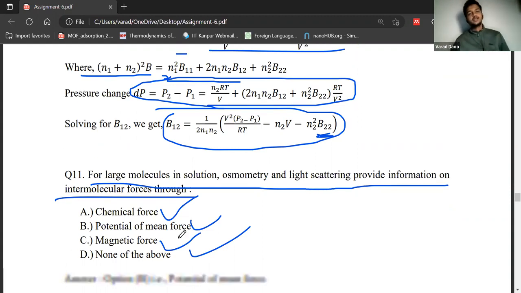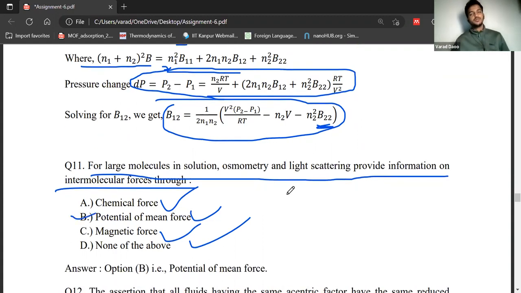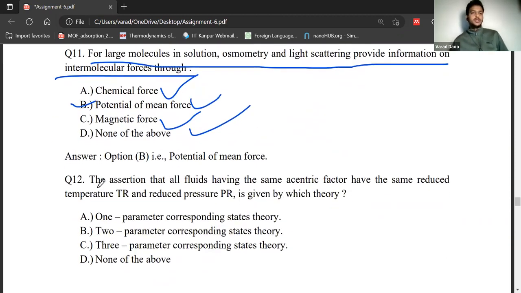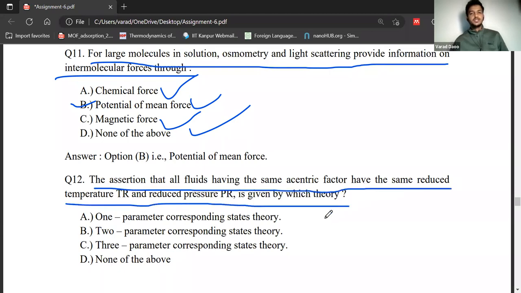Okay, so the correct answer is option B, potential of mean force. The next question is also a theoretical question. The assertion that all fluids having the same eccentric factor have the same reduced temperature and reduced pressure is given by which theory?